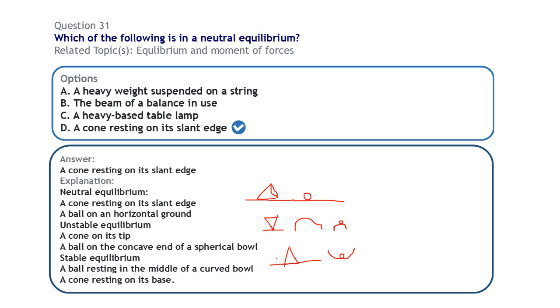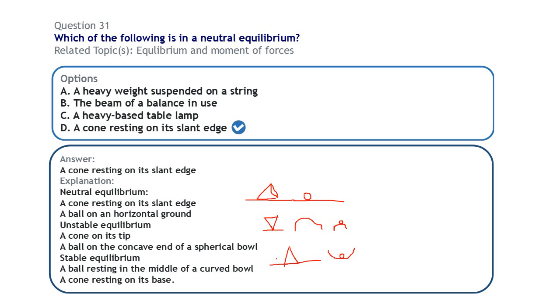unstable equilibrium. Let me draw some diagrams to illustrate this. A cone resting on a slant edge like this is neutral equilibrium. Or a ball on horizontal ground like this is neutral.